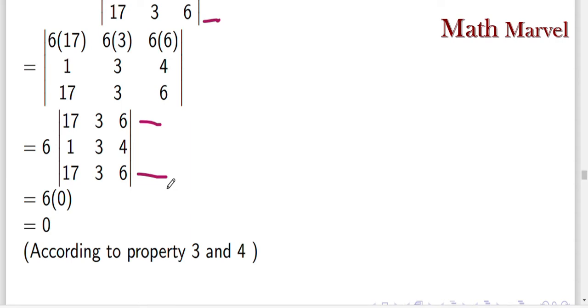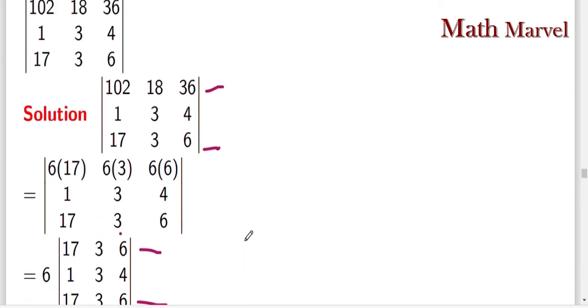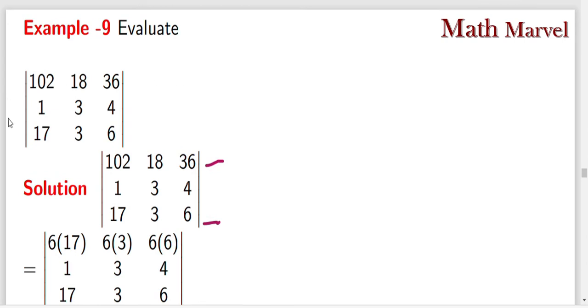According to the property, if two rows are the same, then the value of the determinant is 0, as we discussed earlier. So what is the value of this determinant? According to the property, there is no need to evaluate this determinant. Only on the basis of the property, we can write that the value of this determinant is 0. So the answer is 6 into 0, so the answer is 0. The value of this determinant is 0.